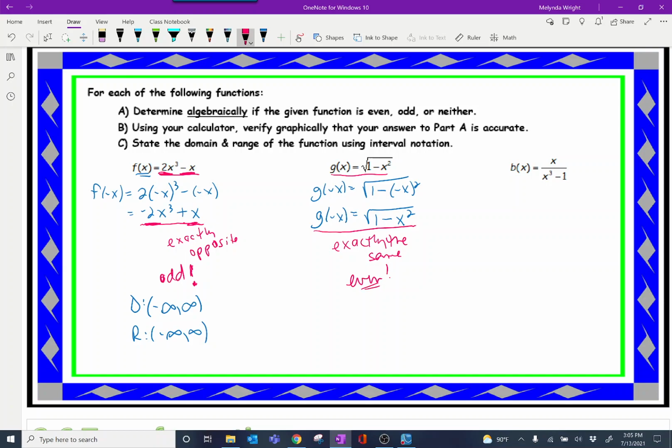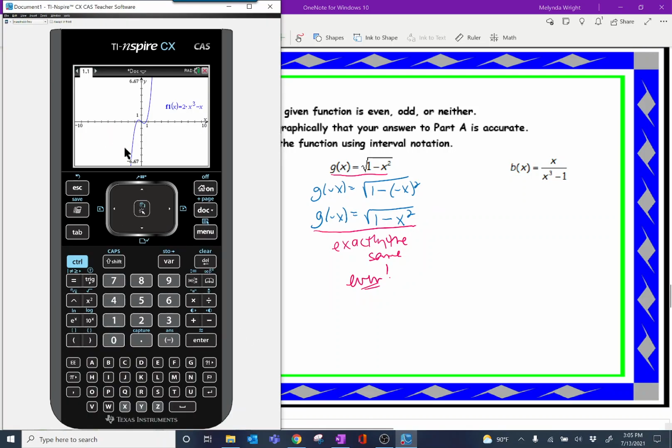All right, so let's go to our grapher and let's investigate that. Graphs.